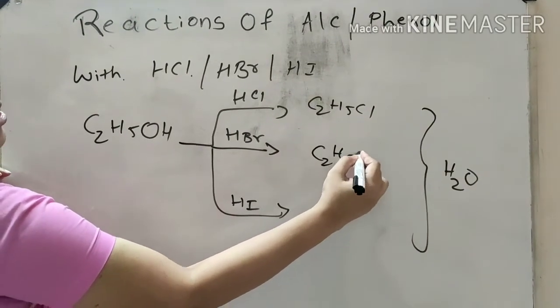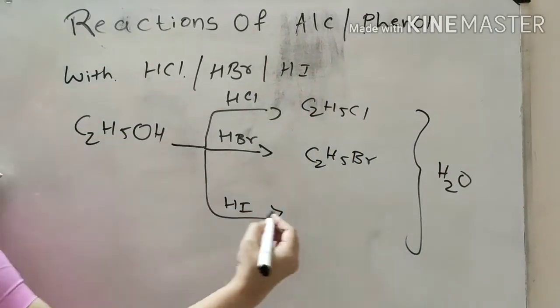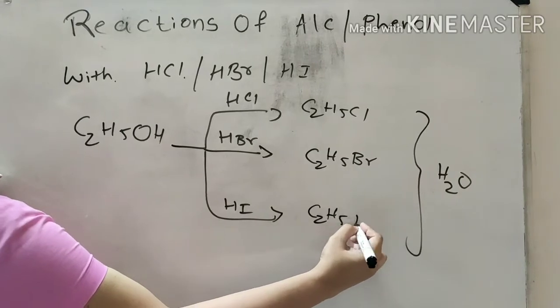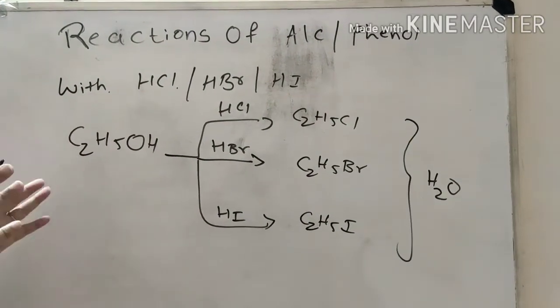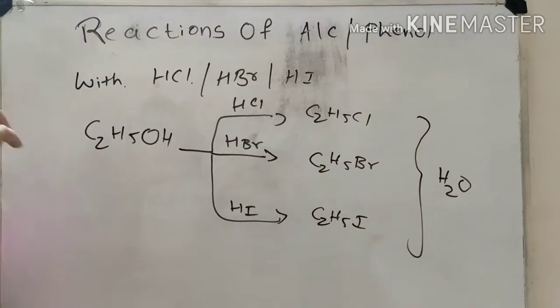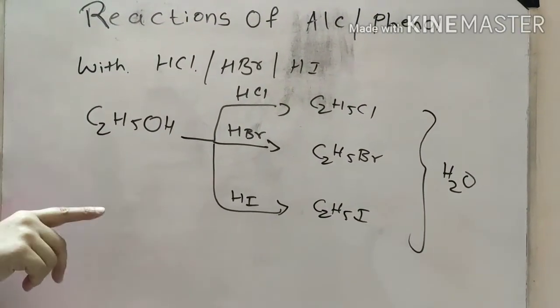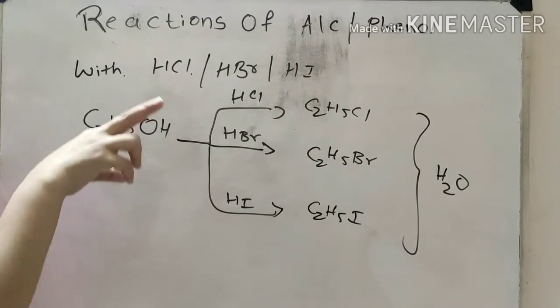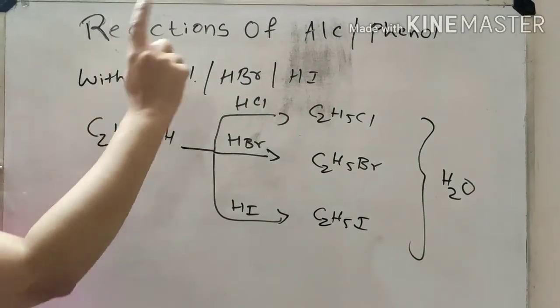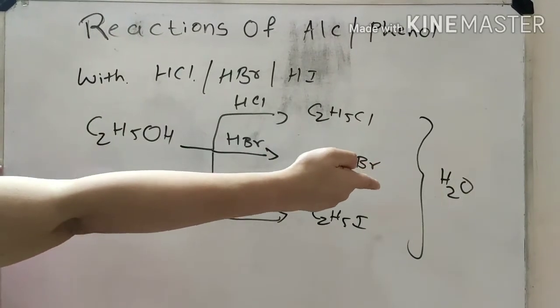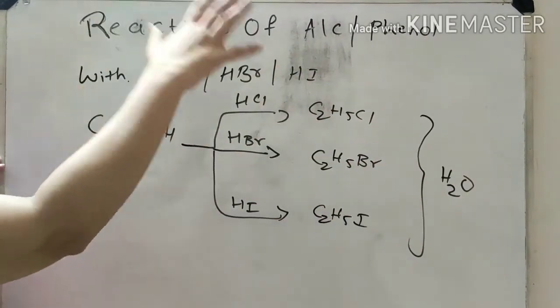We are getting C2H5Br, ethyl bromide, or we can get C2H5I, ethyl iodide. So 2 reactions the same as the first chapter. This we had done. PCl3, PCl5 and the reaction with either HCl, HBr and HI. Alcohol reacts to form the water molecule as the byproduct, and the main product we are getting is the alkyl halides.